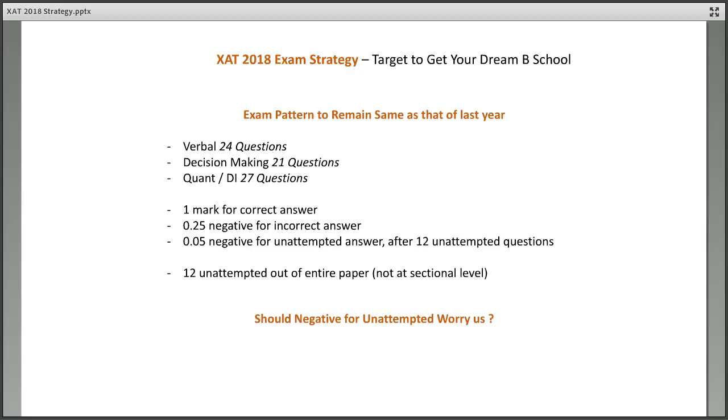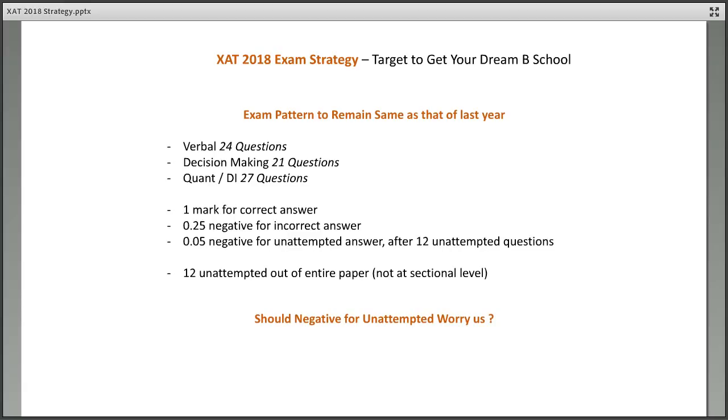That means for the first 12 unattempted answers, you don't get any negative, but from the 13th unattempted answer, you get a negative. But that negative is only 0.05. It is not a very high number.